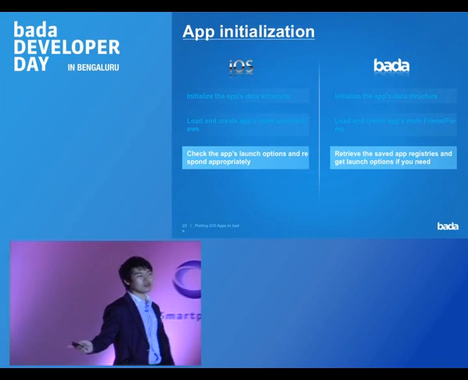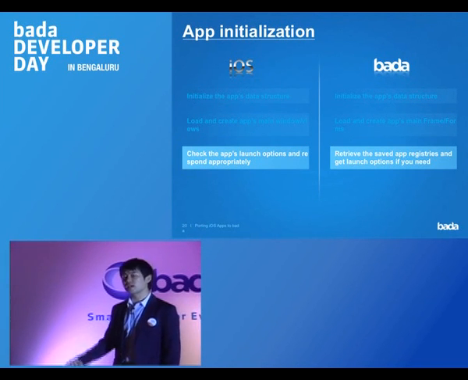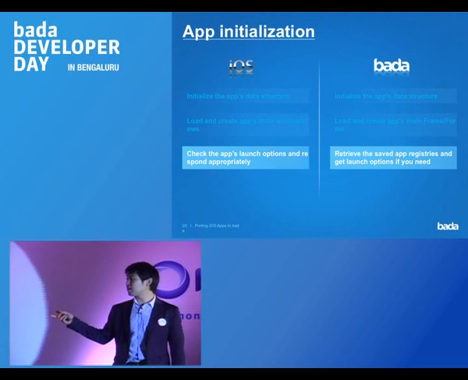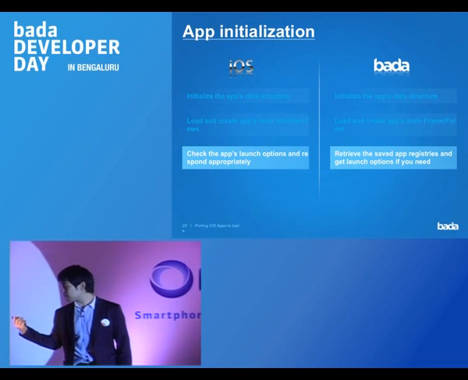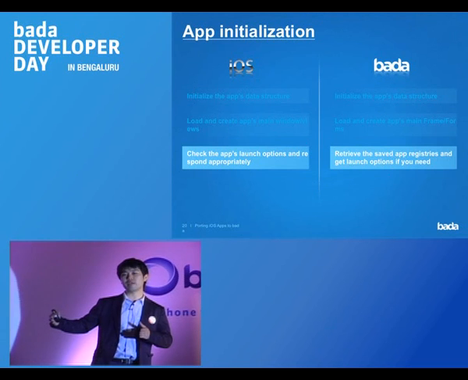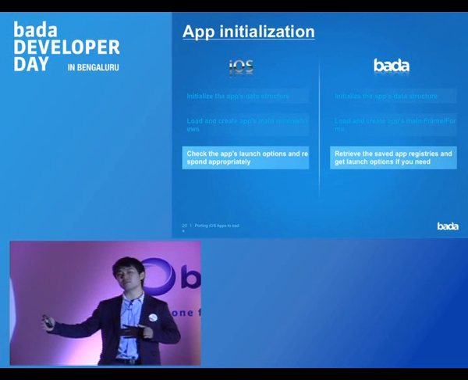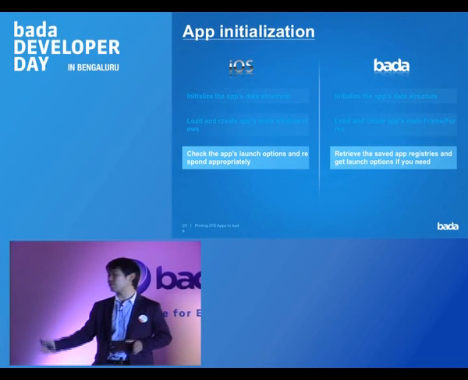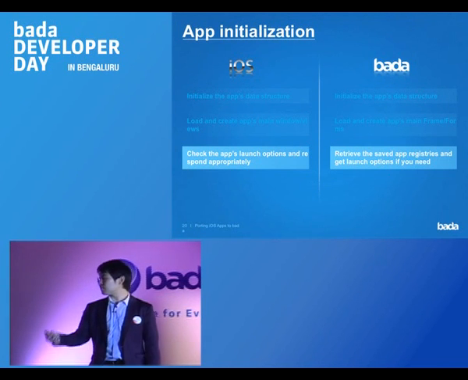I said that iOS gives the options as a parameter, as I know. Bada gives the callback and gives a pointer to the app registry, a kind of repository, to save the user's data or preferences. So you can get the information from that.